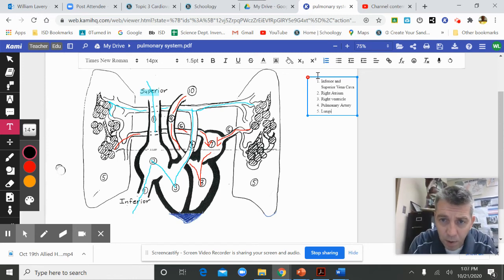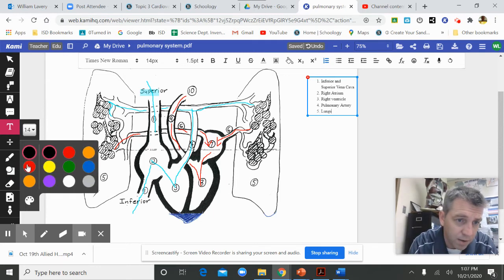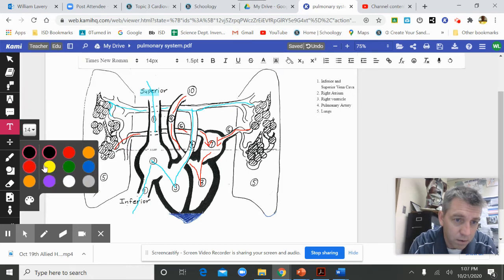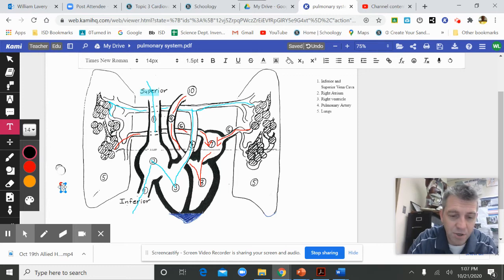So here, the body is receiving deoxygenated blood. So if we were to create a key, blue is deoxygenated blood on the right side of the heart.